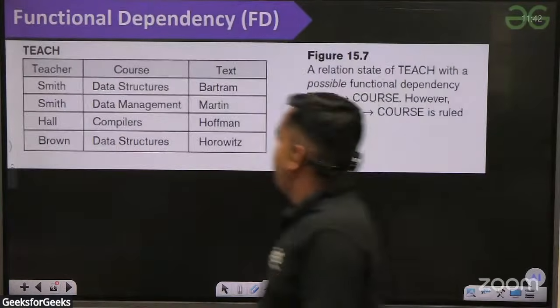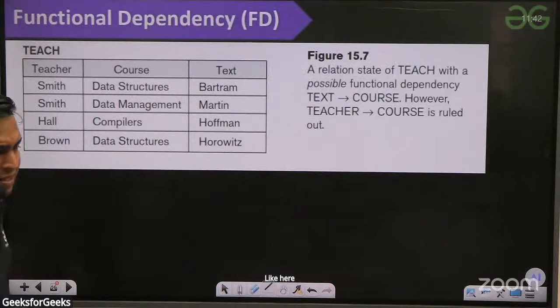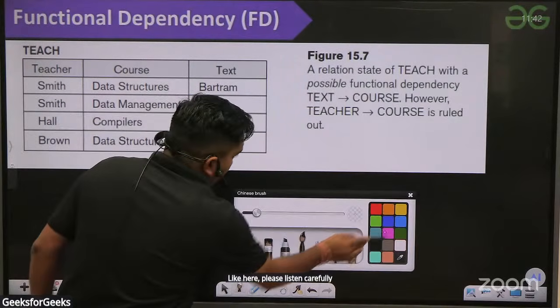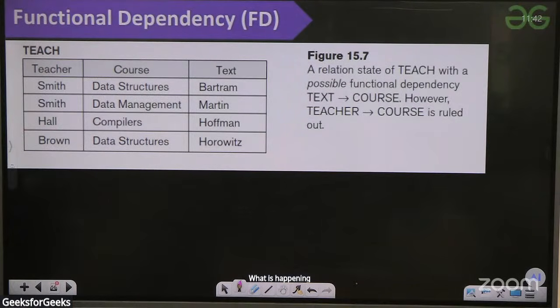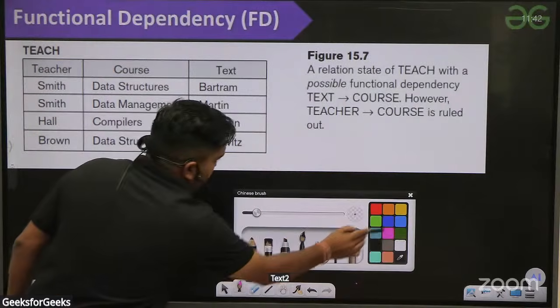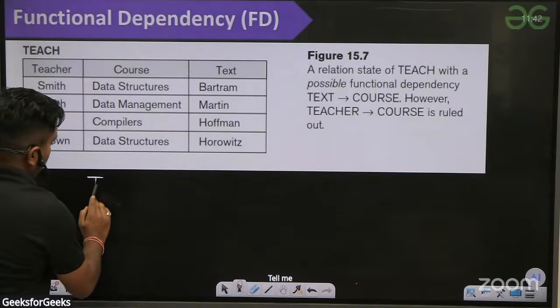Now please listen carefully. What is happening, my dear students? Text to course: tell me, is it applicable or ruled out? Text to course is applicable or ruled out?